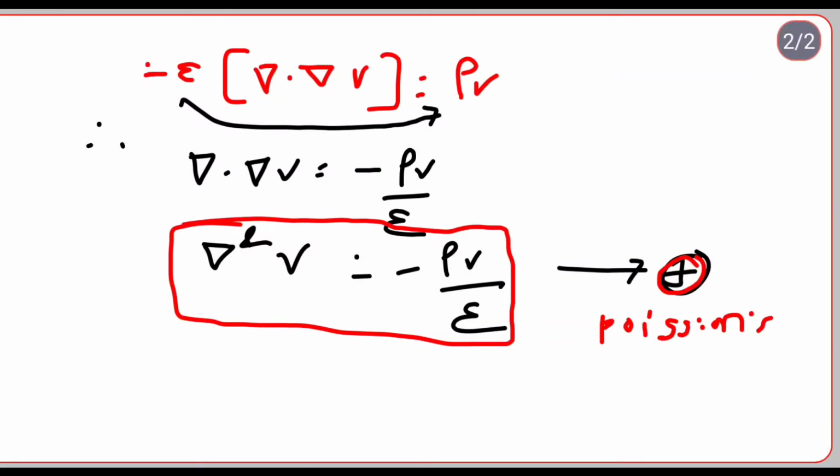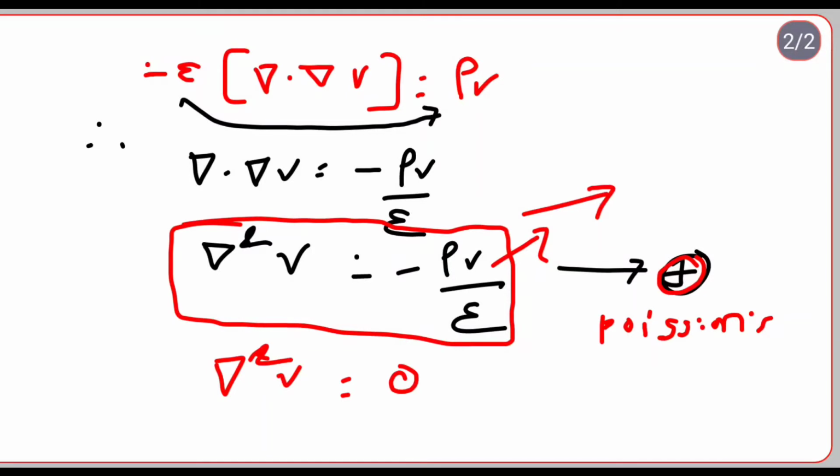In a certain region, the volume charge density is 0. Assume that if the charge density rho V equals 0, which is true for a dielectric medium, then Poisson's equation takes the form del square V equal to 0 for a charge free region. A dielectric cannot store charge, so the volume charge density is 0.